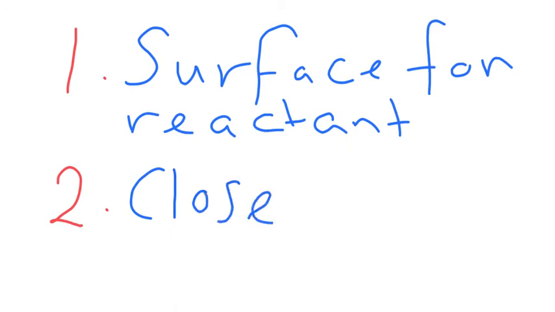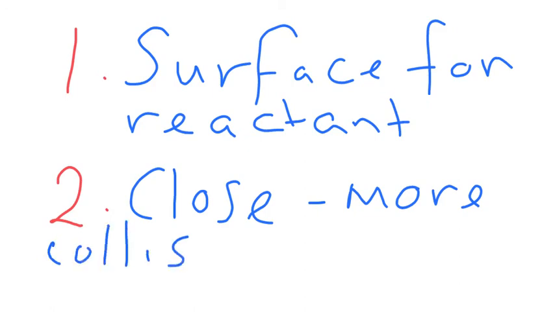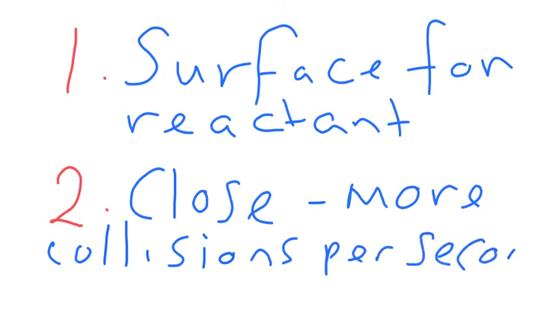And in getting close, you're able to increase the number of collisions that can happen, guess what, per second. Again, a very, very important part to include in all of your answers about rate.